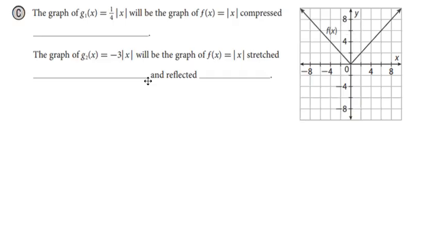So we say compressed, and compressed which way? Vertically. And verbally, we will say this by a factor of 1/4.